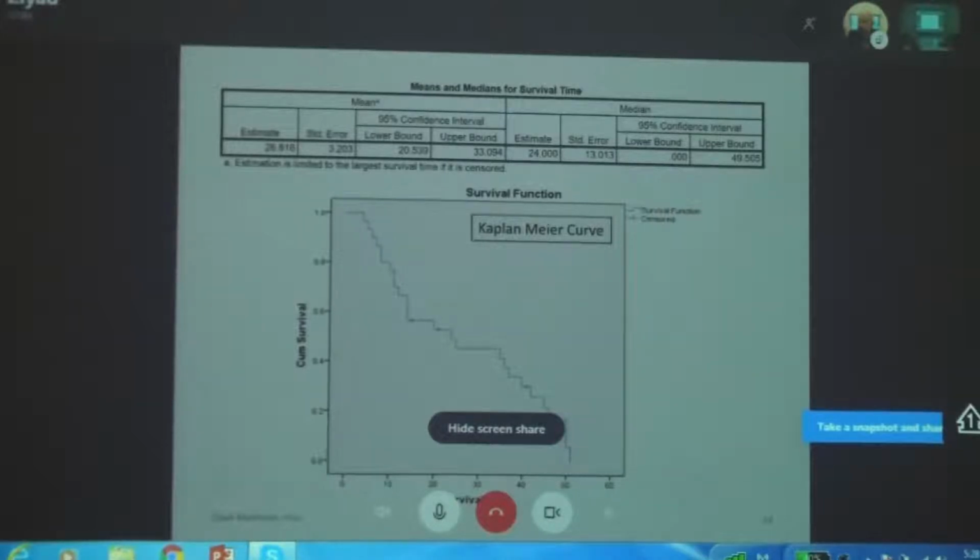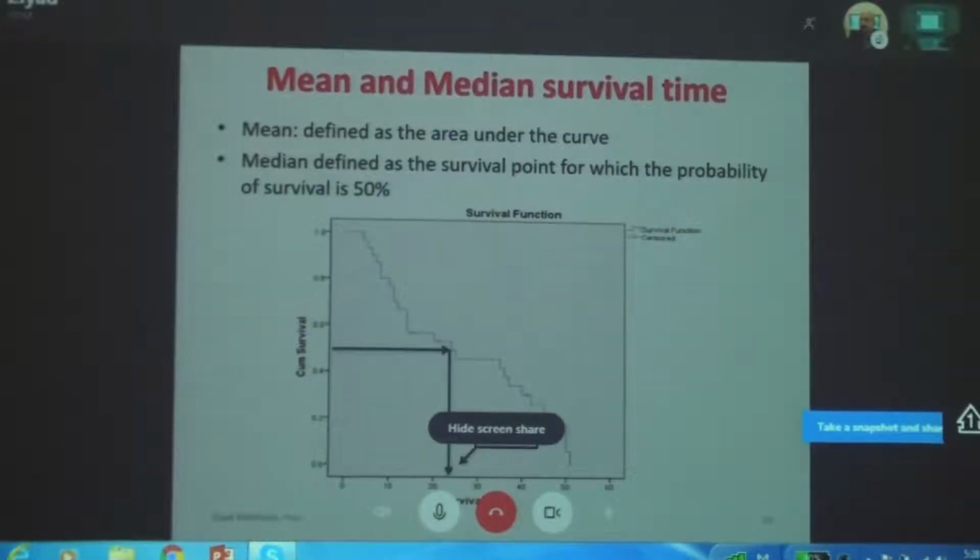But what you'll see more frequently in publications is the median survival time, which is defined by the time by which 50% of the people have already died, and the probability of survival is 50%. So there's 50% who are already dead and 50% remain in the study. So that's actually the median survival.